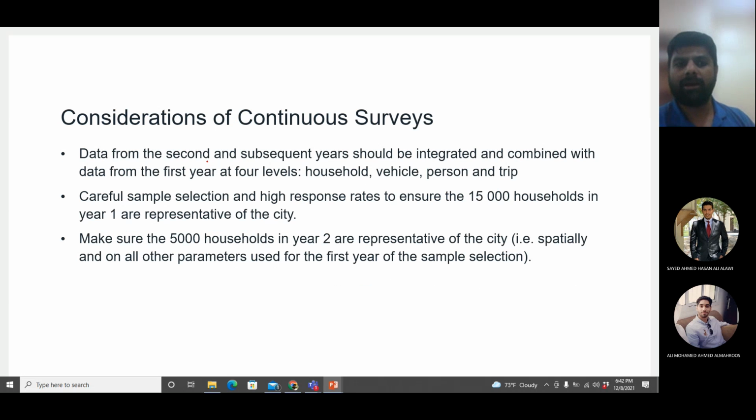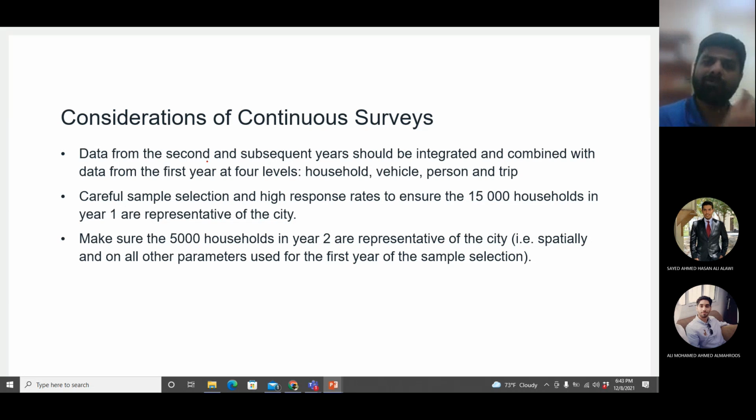Okay, when you are doing the continuous surveys, you should make sure that the data from different years, second year and the other years, is integrated with the data from the first year in terms of household, vehicle, and persons and trips. Like it should match.